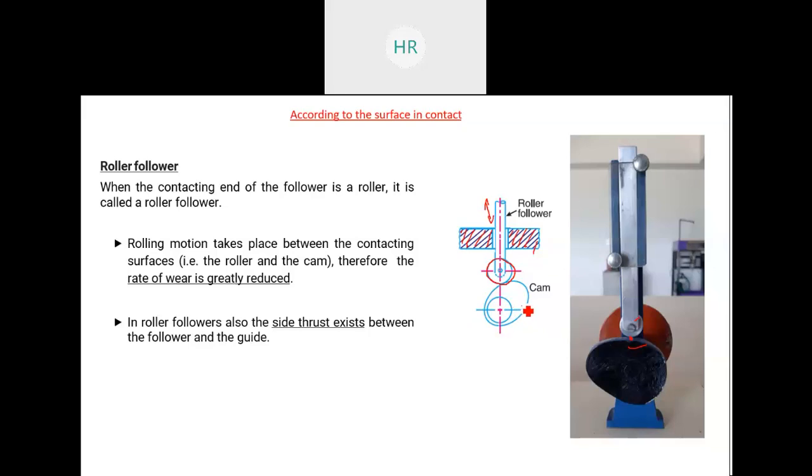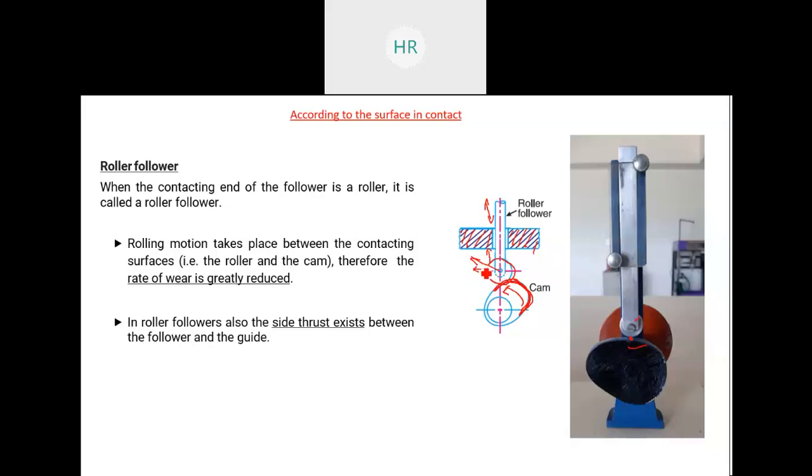Suppose this cam is rotating in this direction. Because of this non-circular profile, you can see this cam is not actually a circular disc. It has some different shape. So because of that, the roller will be pushed in this direction. Now, because of this guide, one motion of the roller will be in the upward direction and one motion will be in the sideway direction.